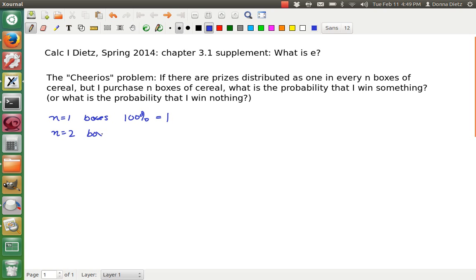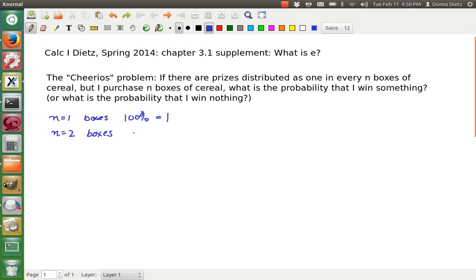And it starts to get more interesting. Then you have a 50% chance of getting something or nothing on every box. So it's much easier to calculate I win nothing than I win something. So let's calculate win nothing and then say 1 minus that.